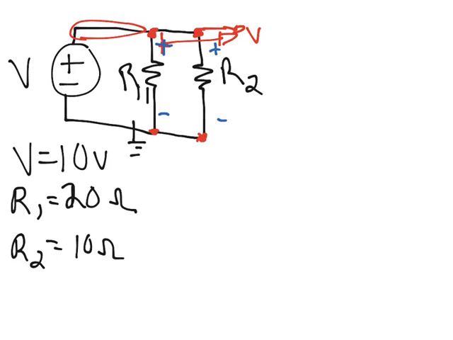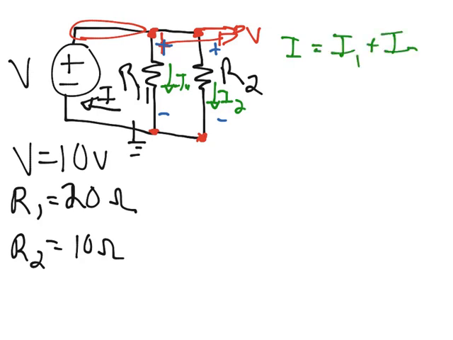So what I can say is find the current going through the voltage source, I. There's a couple ways to do this, and I'm going to show you both ways and show that they're equal. So you can take, let's say, I1 and I2, and you can say that I is equal to I1 plus I2.